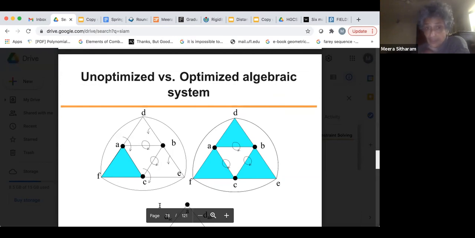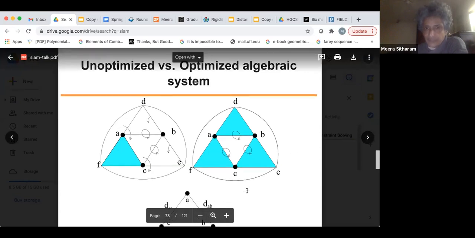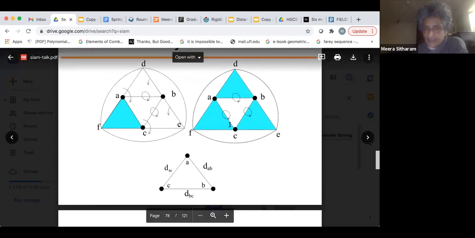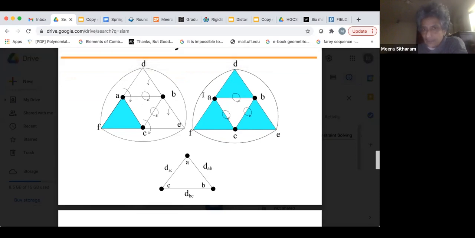So instead of thinking about this as what we did, which is think of this as sort of a rigid body, and you're positioning this triangle with respect to this rigid body, with all of the rotations here, we can think of it as there's a rigid body in the middle, right?